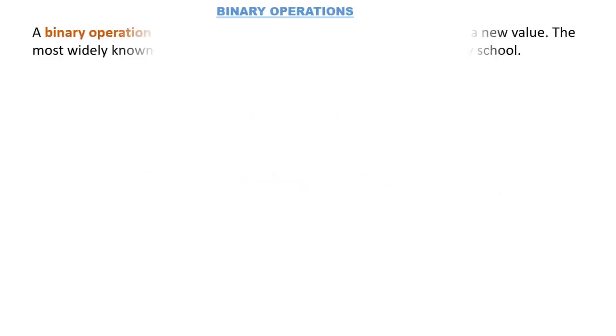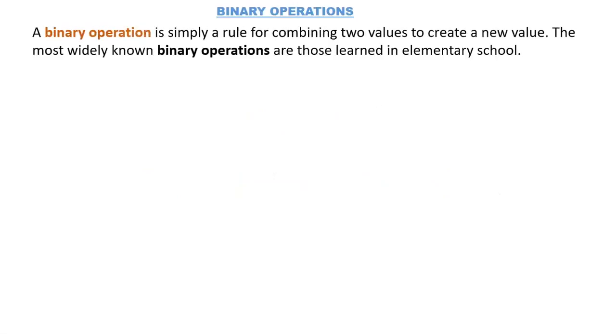So binary operations is simply a rule for combining two values to create a new value. What does this mean? A binary operation is just an operation. For instance, addition is an operation. Subtraction, multiplication, and division, those are operations.